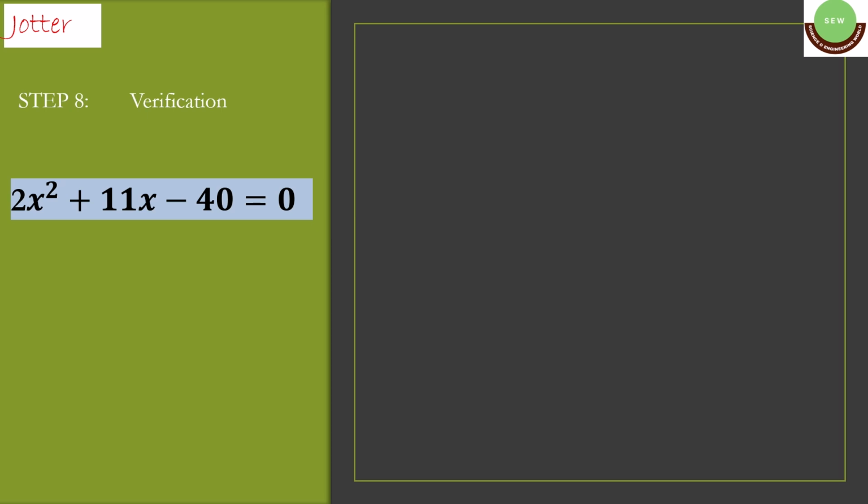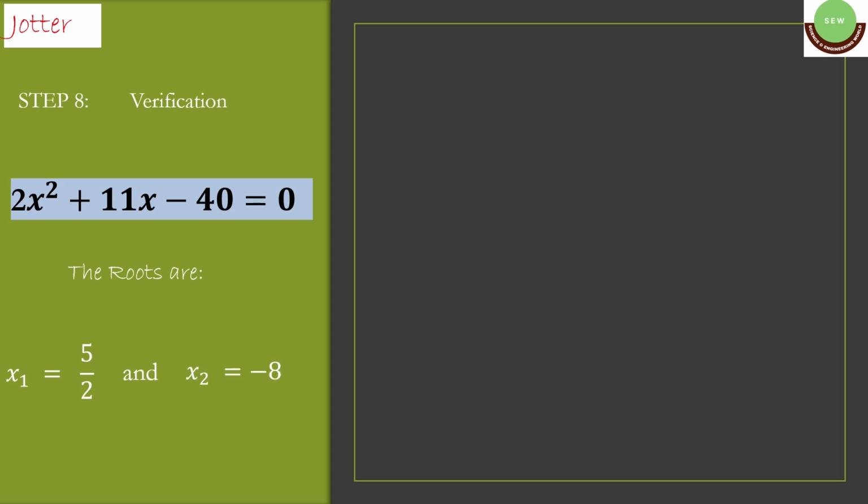This is where I promised to put the link of the completing the square method, which I have done previously, because the two roots we obtain now are the same roots we obtained in that video, and the verification was done thoroughly in that video. I'm going to put the link at the top here and in the description box below. Now, the two roots we obtain are x equals 5 over 2 and x equals minus 8.